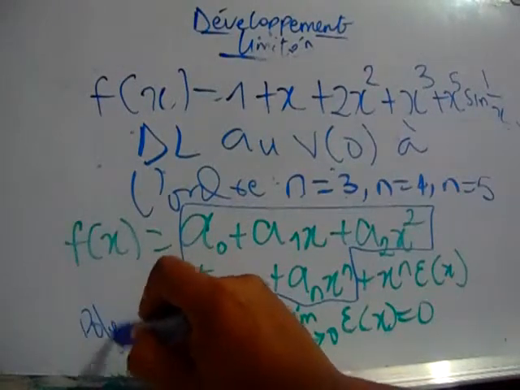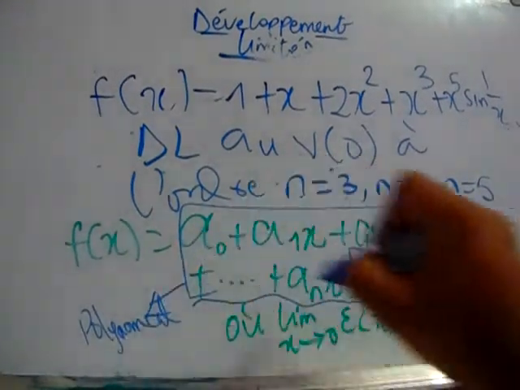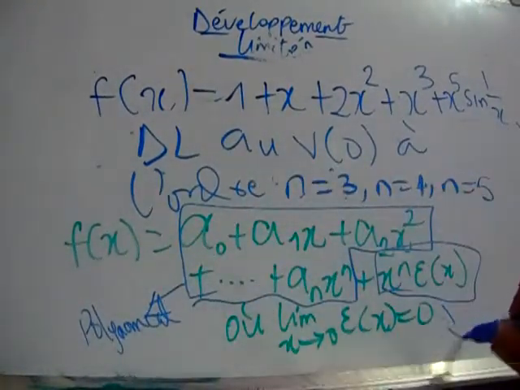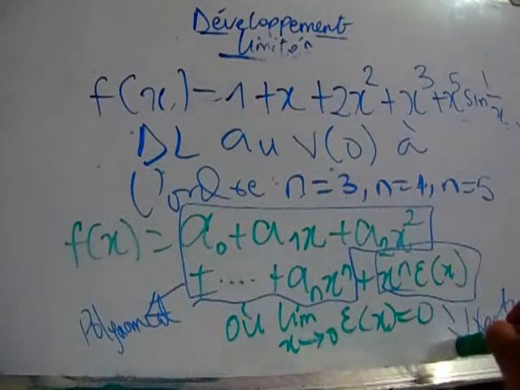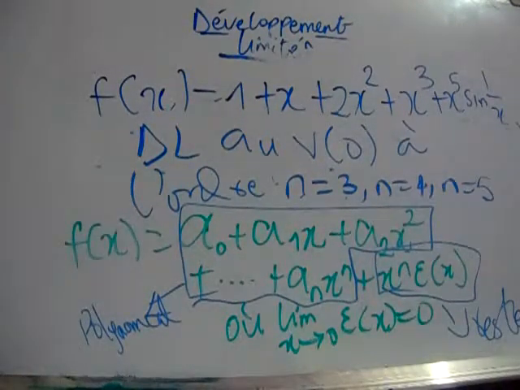So this is the polynomial part, and we said this is the rest. And each time you have to verify the limit. So when you verify the limit, you can know if that epsilon of x part turns to 0.